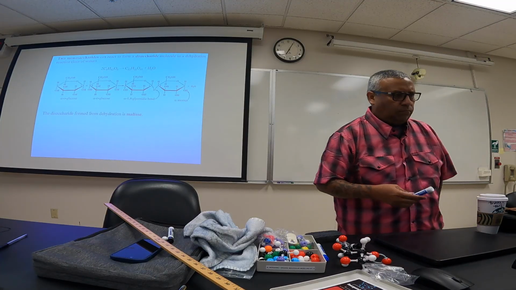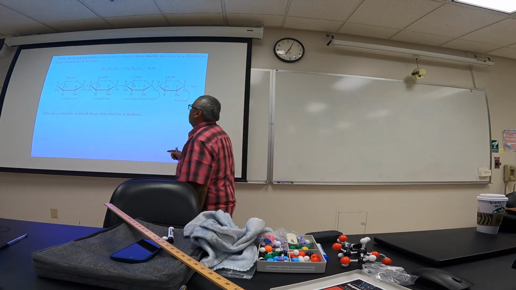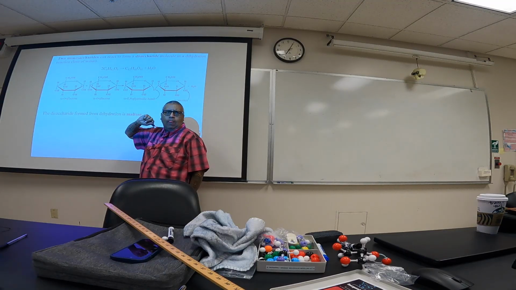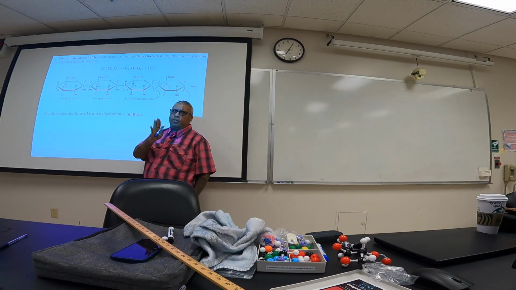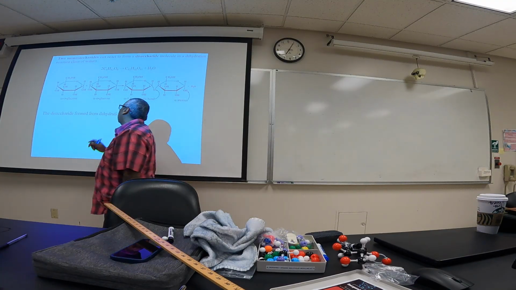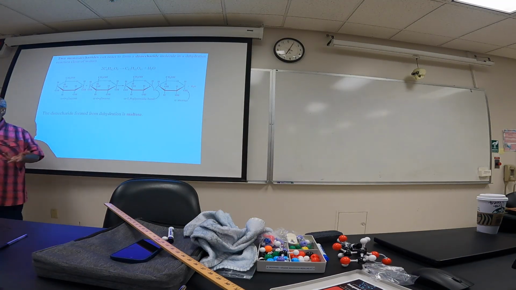So you don't have to necessarily memorize this whole reaction. There's some important information here you do need to know, but you don't have to specifically memorize this reaction. This is a reaction to make a disaccharide.